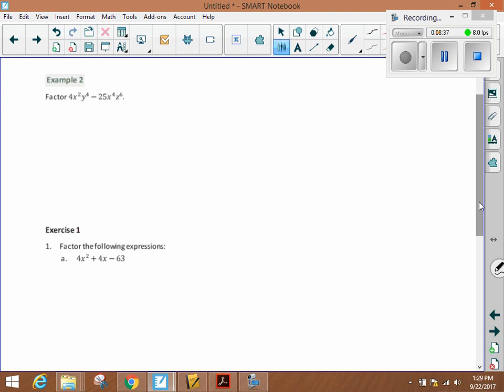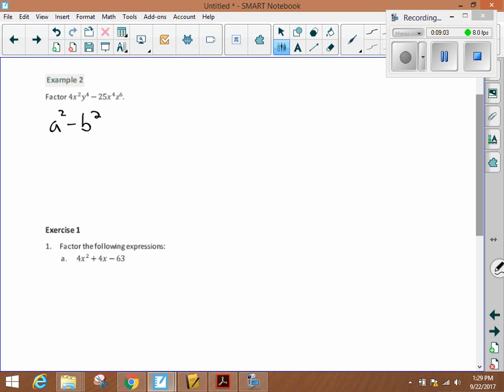So, as Mr. Norman was saying, we are going to use our difference of squares, but in this case it is kind of difficult for us to see what our squares are going to be. So I want to write this in the form that this is a squared minus b squared. So I must figure out what is a and what is b.